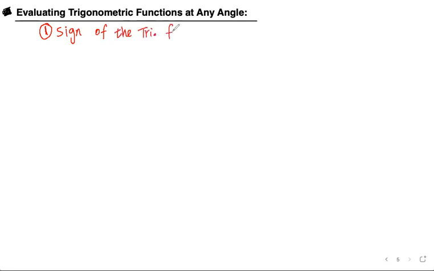I mean, for the sign, I have to know if it is positive or negative. This is the first step. Second step, I have to know what is the reference angle.